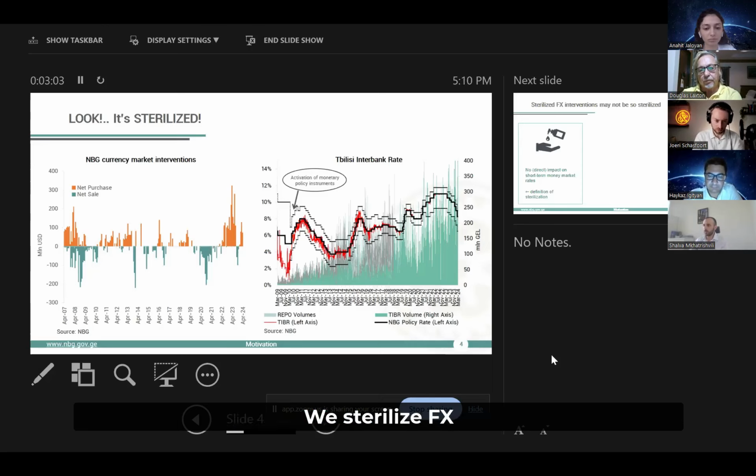So we sterilize FX interventions, and that's why if you look at the short-term interbank interest rates in Georgia, they are essentially equal to our policy rate, meaning that we are essentially enforcing the policy rate in practice.